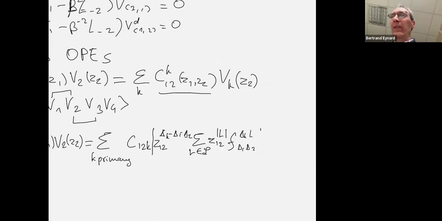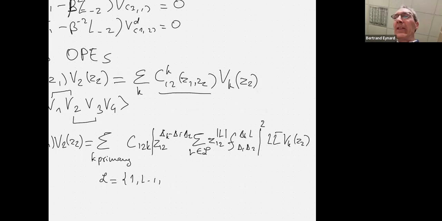So now I'm going to describe what this formula means. The important thing is that 𝓛 is the set of creation operators, starting with the identity, but also L_{-1}, L_{-1} squared, L_{-2}, etc. So the field L L̄ V_k is just an arbitrary descendant field, where you have a left-moving creation operator L and a right-moving creation operator L̄.